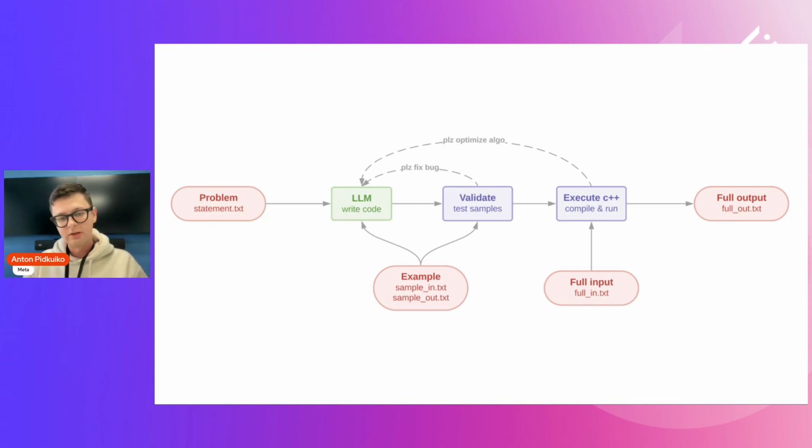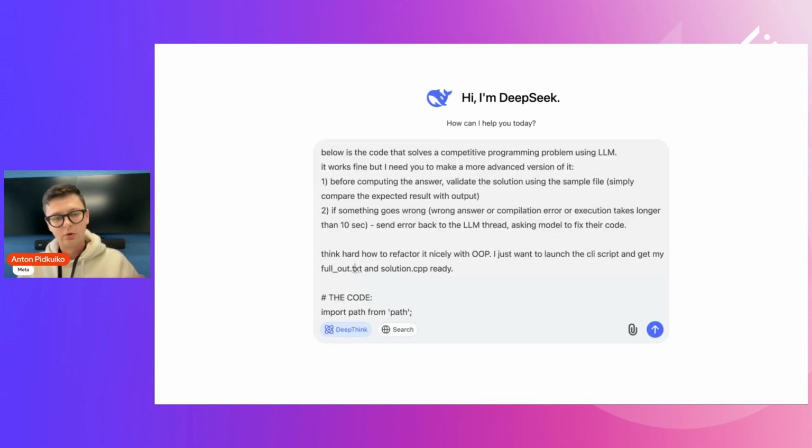Like in ChatGPT, if your answer is not correct, you can ask it to correct and it will fix it. It seems like quite a bit of engineering to implement, but it turns out we can do it with just one prompt.